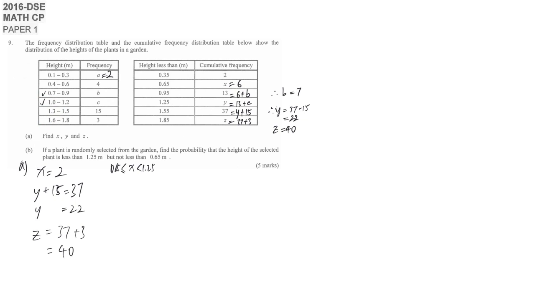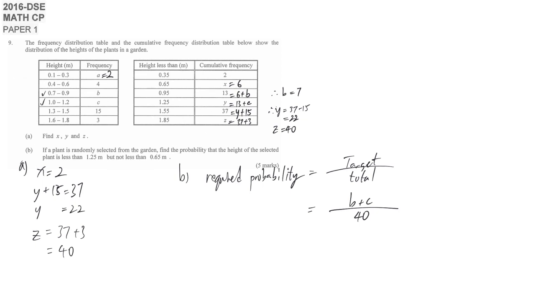The required probability is equal to our target divided by our total number. Our target is B plus C, and our total is 40. We already know B is 7 based on the calculation in the very beginning.